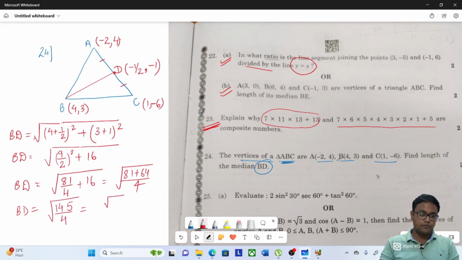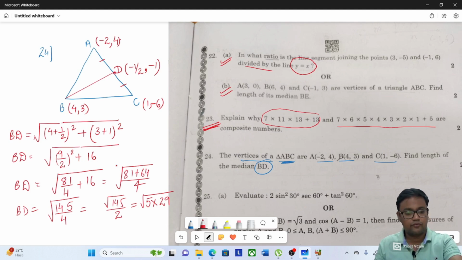So it is root 145 by 2, and we need to see whether this can be broken down further. I can split 145 as 5 29s. So there is no other factor which may come out of under root of 145 other than 5 and 29, right?